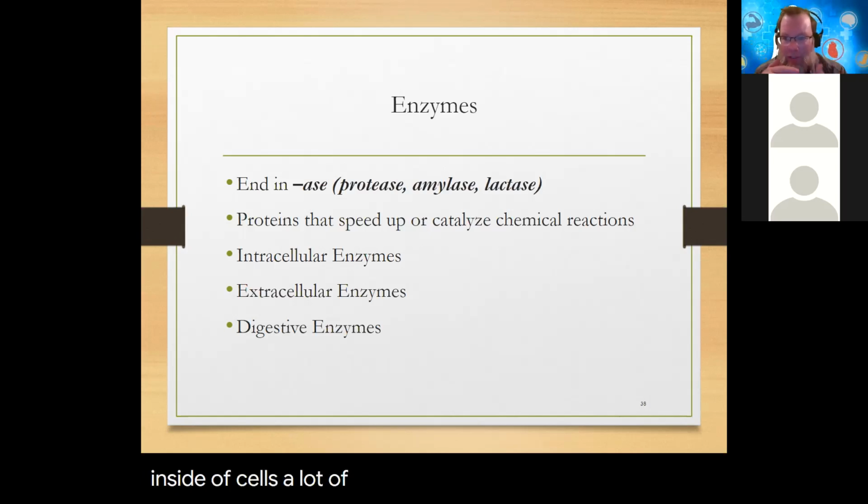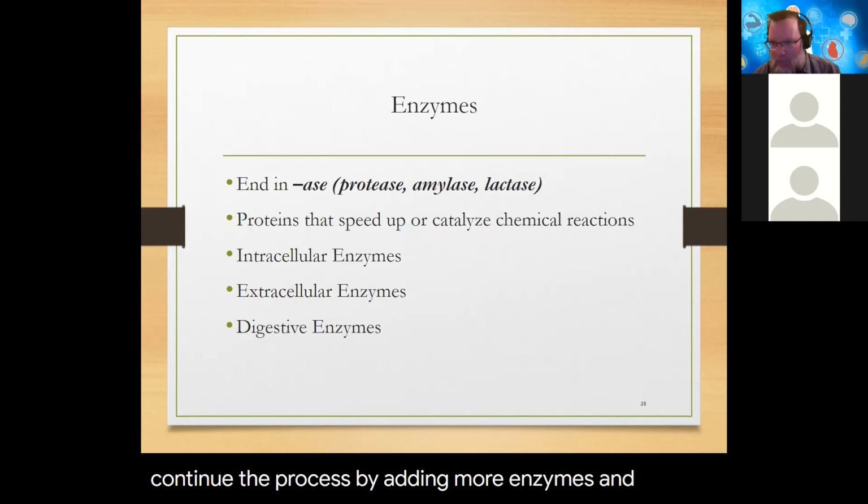A lot of action is going to take place inside of cells when it comes to chemical reactions. Most of these are, again, going to be starting with breaking things down that we consume. The bloodstream takes those tiny microbits, delivers them to the cells, and the cells can continue the process by adding more enzymes and breaking these chunks into even smaller bits.